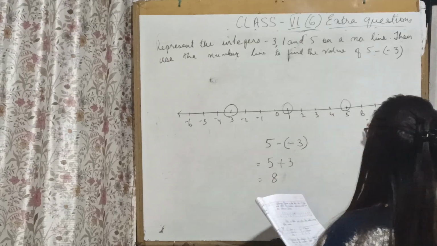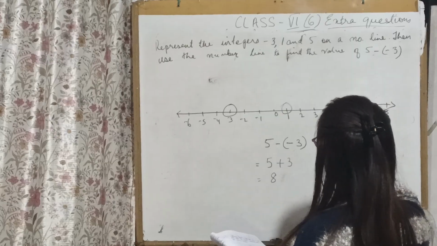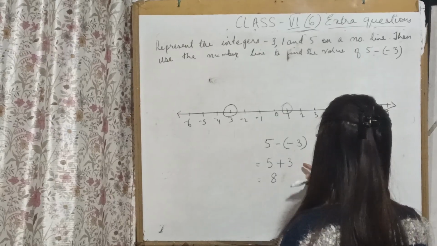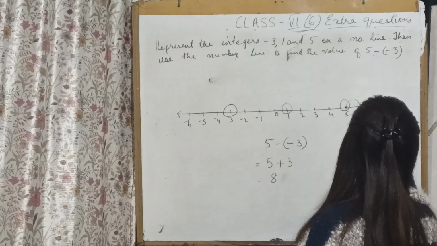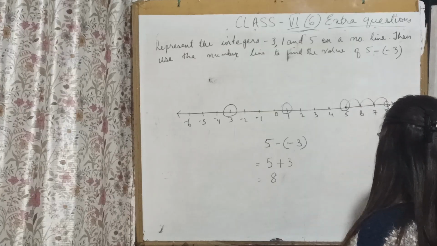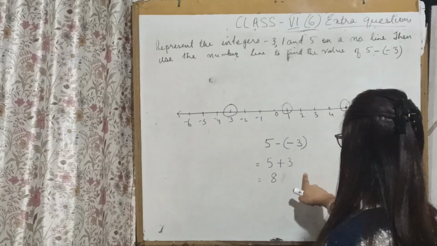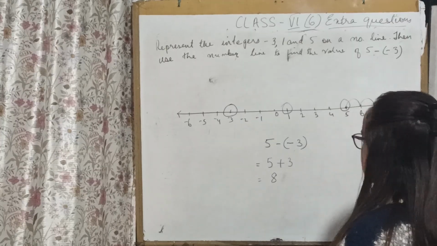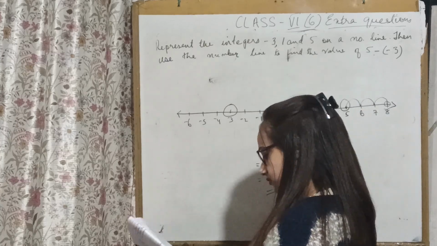So you started with 5. Okay, then you used minus and minus, that is +3. 1, 2, 3. So this is your answer. So you will solve first so that you do not make a mistake in the number line. Okay.